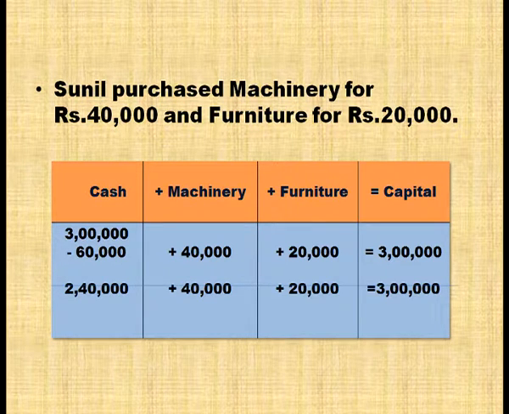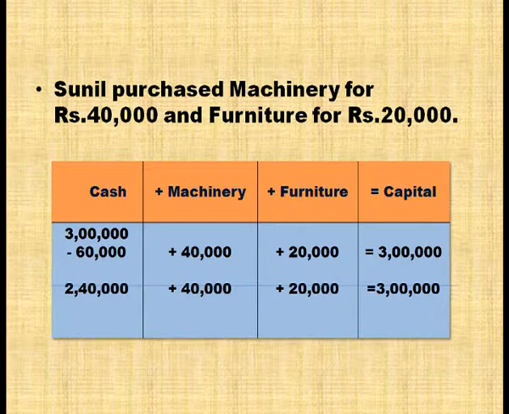Here, from the earlier accounting equation, you have 3 lakh as balance. After that, from this transaction, machinery of rupees 40,000 is coming inside the business. So, under machinery column, you have to add 40,000. Under furniture column, you have to add 20,000.